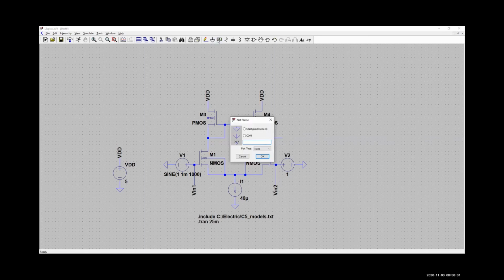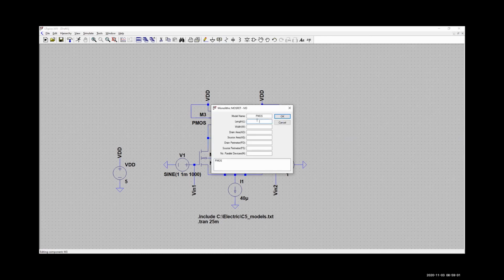Here's my output voltage, V out. All right, I need to tie the body of my PMOS transistors to VDD, and I need to set the physical dimensions of my PMOS transistors. The length is still going to be 2, so that's 0.6 microns.